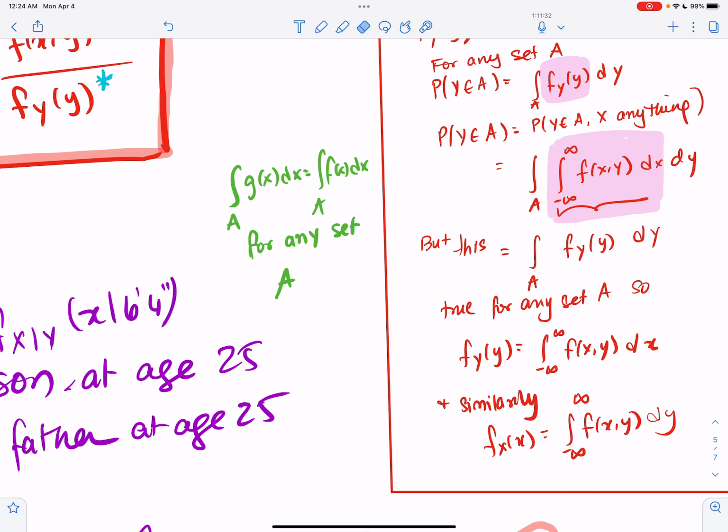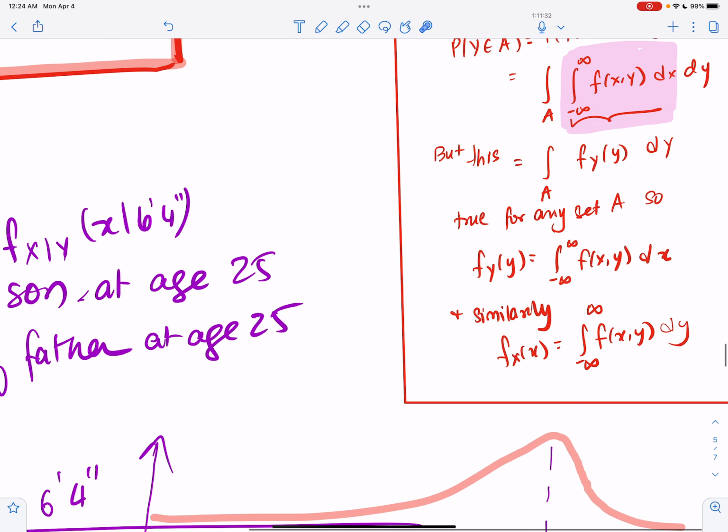Using that, the density of y is given by this. And that was independent of what the value of y is. So for any y, it equals this.